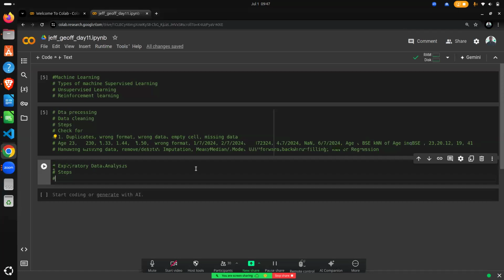Empty cells, you can use mean, median. But I also talked about empty cells that you can what? Delete or remove them. Let me talk about removing briefly.